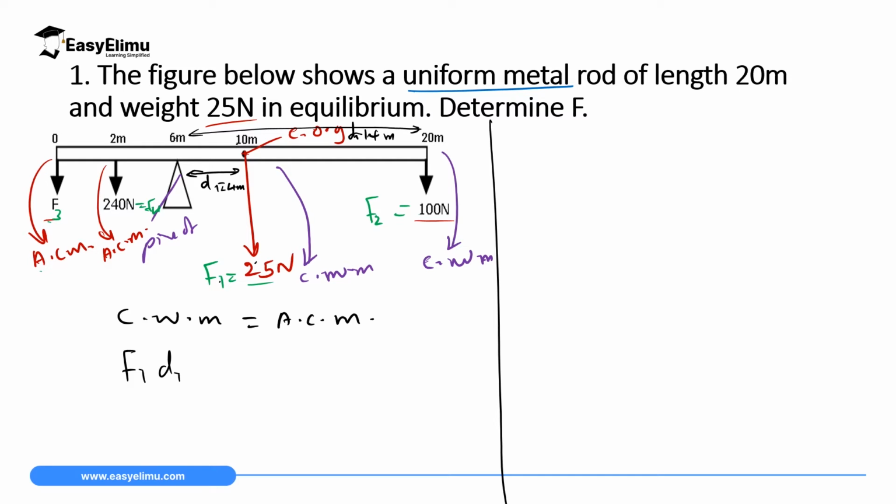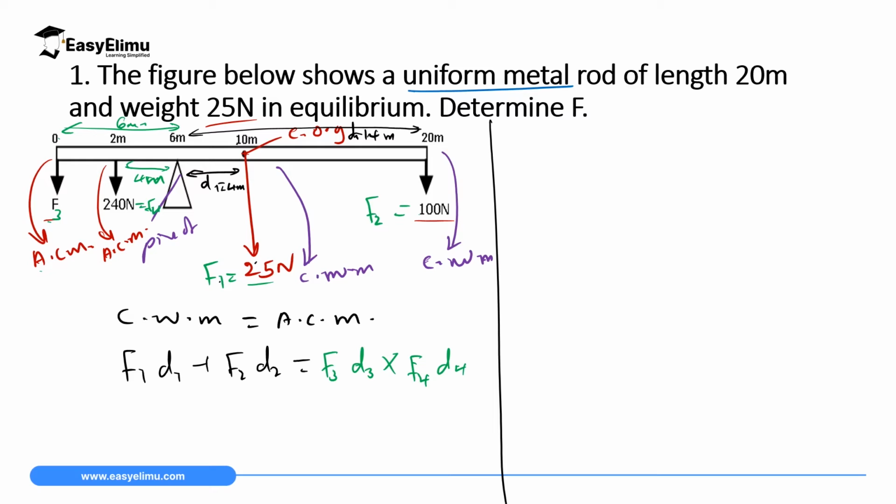So F1 D1 plus F2 D2 will be equal to F3 D3, where F3 is what we are looking for. D3 is from 0 to 6, so this is 6 meter. Then plus F4 D4. D4 is from 2 to 6, it means this is 4 meter.